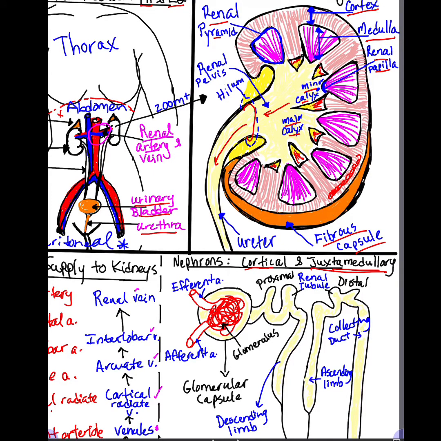In the case of the juxtamedullary nephrons, the renal corpuscle is located near the border of the cortex and the medulla, and they have a very long nephron loop, so they're located in between the cortex and the medulla.